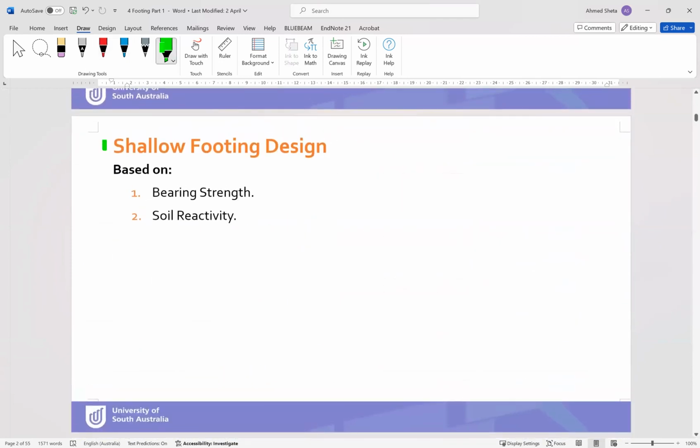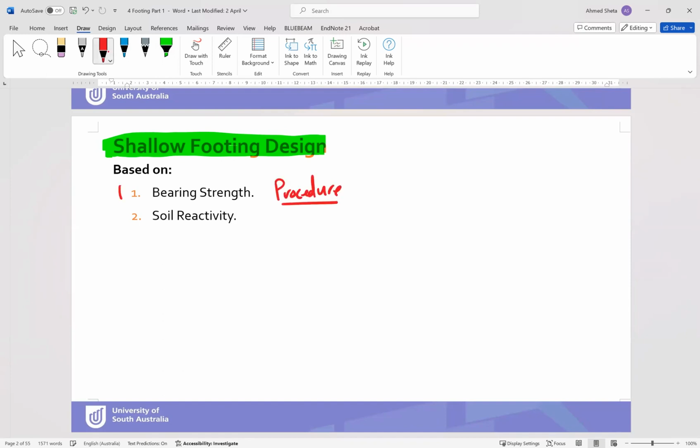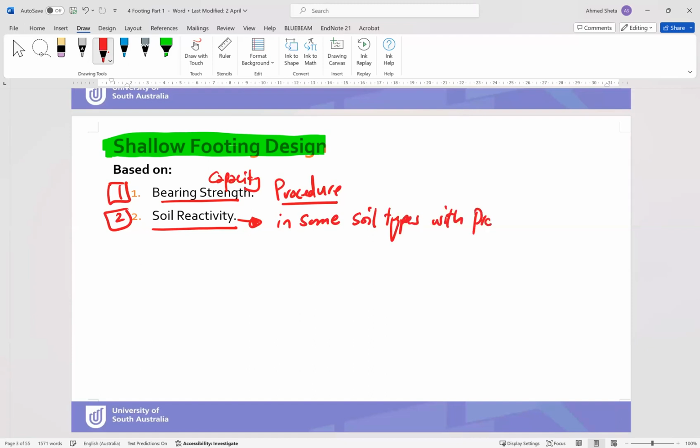Okay, here is our main topic, the design of shallow footing. We have two methods or two procedures of designing a shallow footing. Number one is based on bearing capacity or bearing strength. Number two is based on soil reactivity. The soil reactivity is used for soil types with problems, or problematic soil.